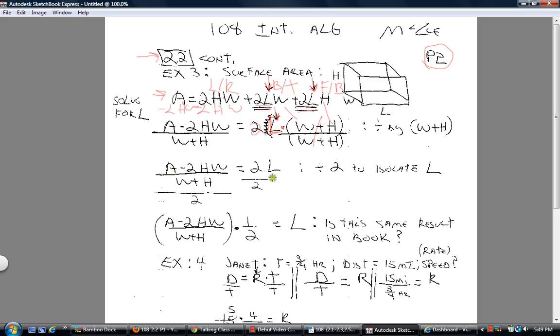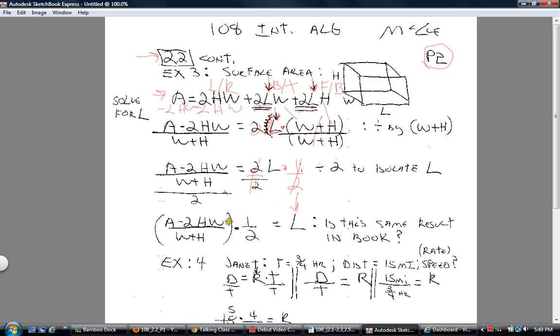Now a shortcut: I said divide by 2 to isolate. That's true, that's normally what you do. But I'm going to recommend that you think of multiplying by 1/2 on both sides. That's what I did over here. So 2 over 1 times 1/2 cancel out because it equals 1, and you're left with L isolated for the length.